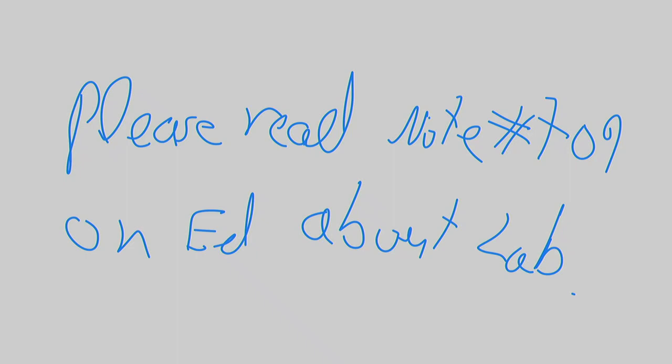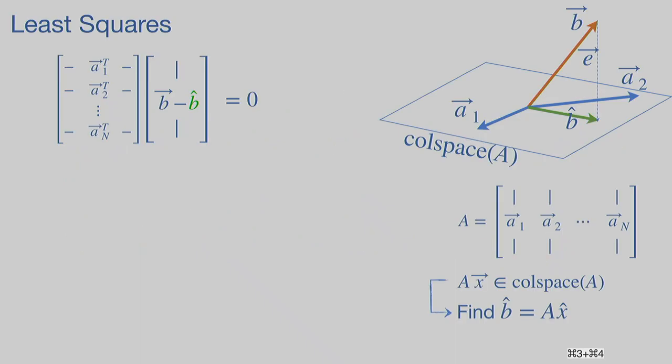Least squares, woohoo! All right. What is least squares? Well, least squares is a situation, if you remember, where we have more equations than unknowns. So it could be a situation where I have AX, A times X equals B, but there is maybe no solution.